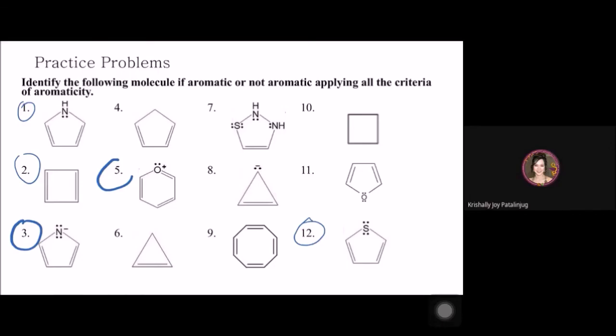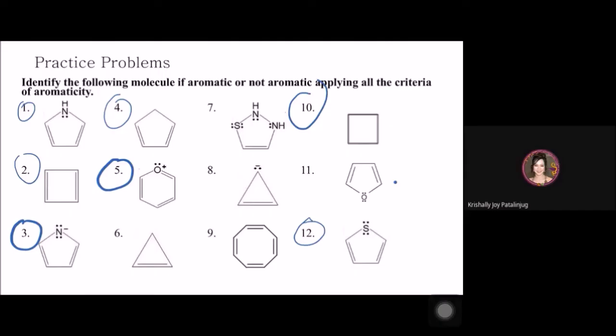So 1, 2, 3, 4. Let's have 4. The rest, oh, that's too many already. 1, 2, 3, 4, 5, 6, 7.